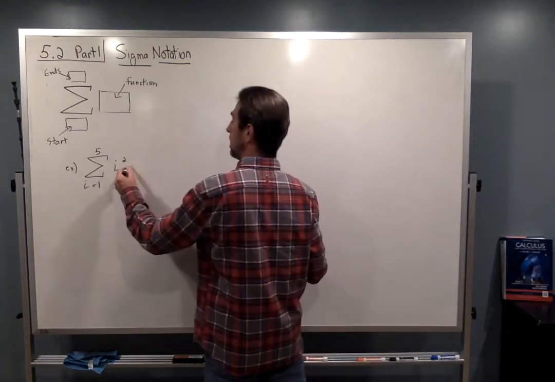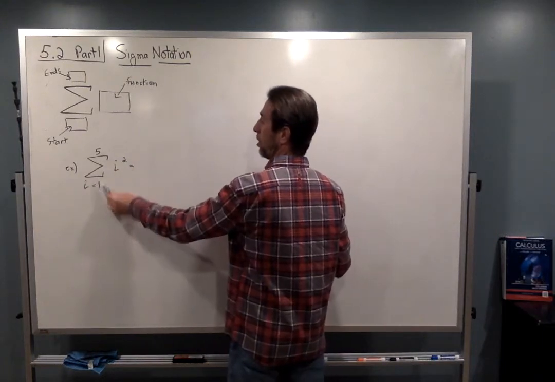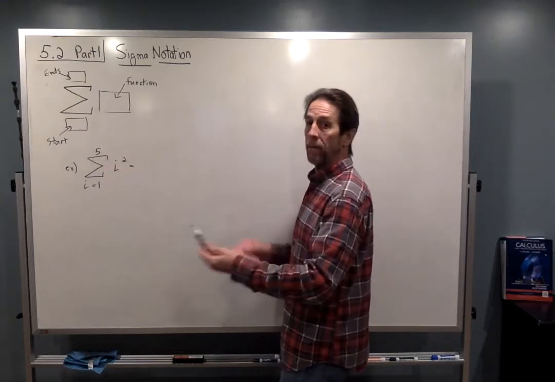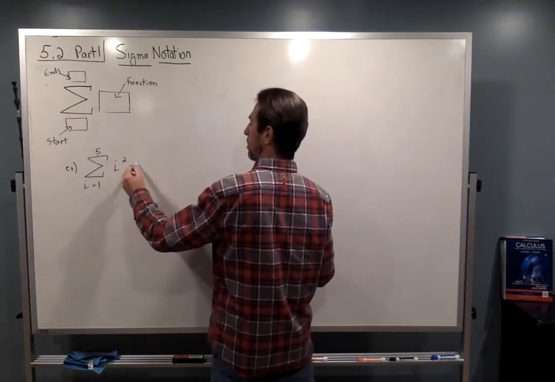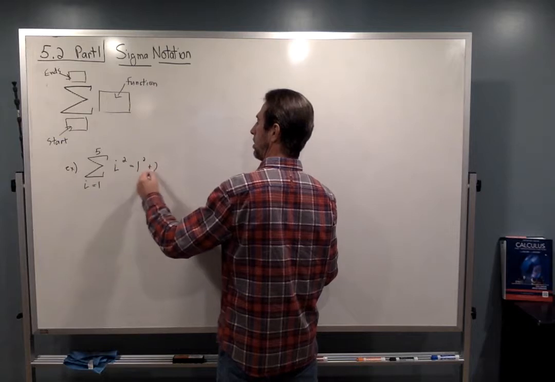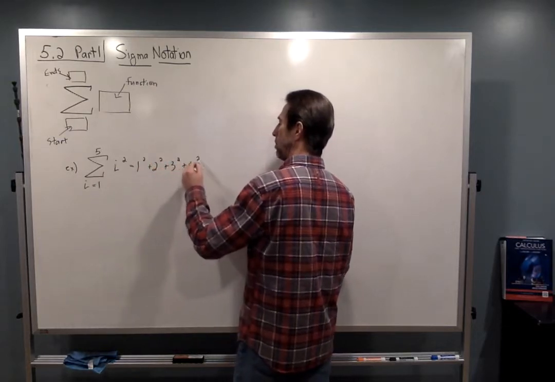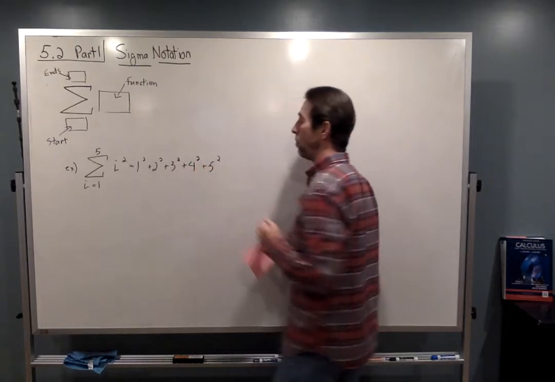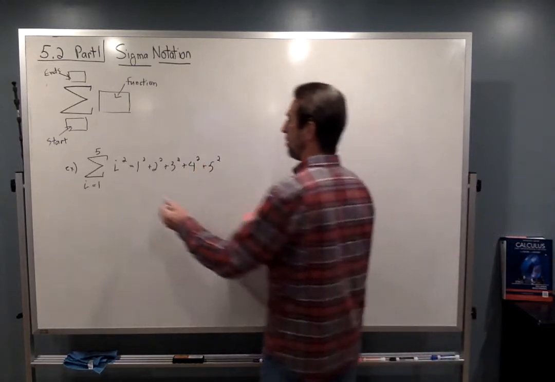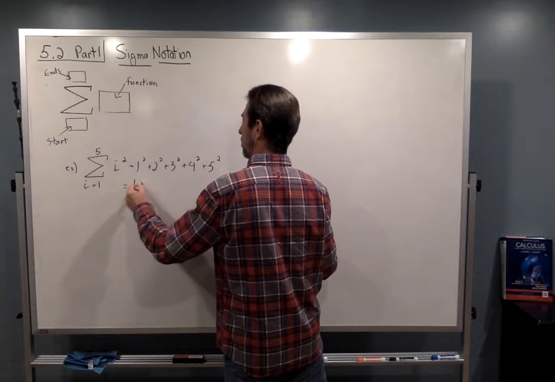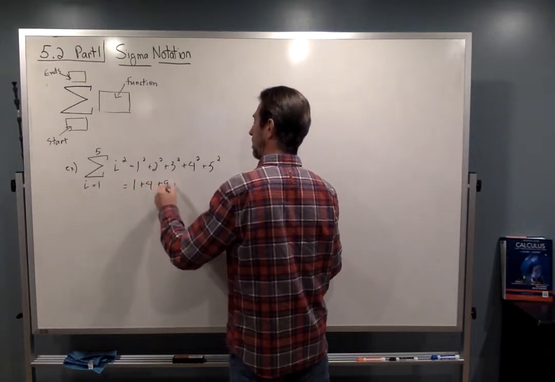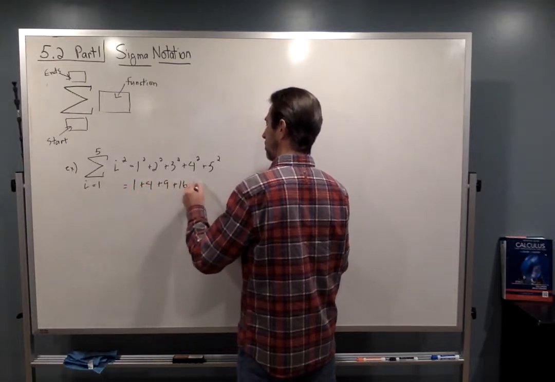And all this means is we are just going to put numbers from 1 through 5 in for i, and then add them all together. So it's just going to be 1 squared plus 2 squared plus 3 squared plus 4 squared plus 5 squared. We add these together and get 1 plus 4 plus 9 plus 16 plus 25.